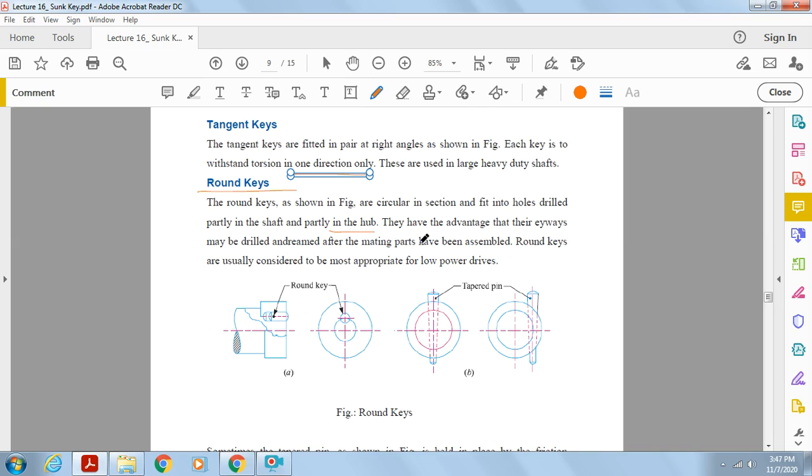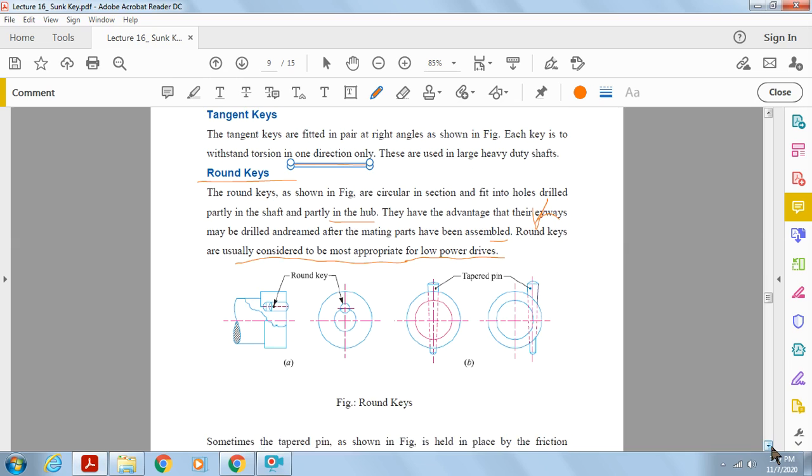They have the advantage that their keyway may be drilled and reamed after the mating parts have been assembled. Round keys are usually considered to be most appropriate for lower power drives. So these are the different round keys.